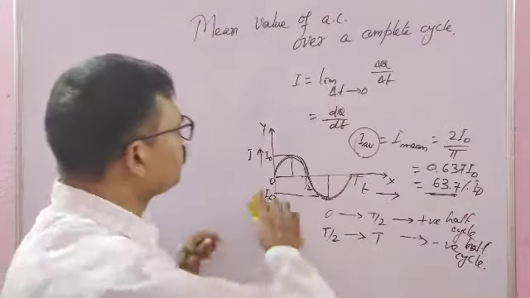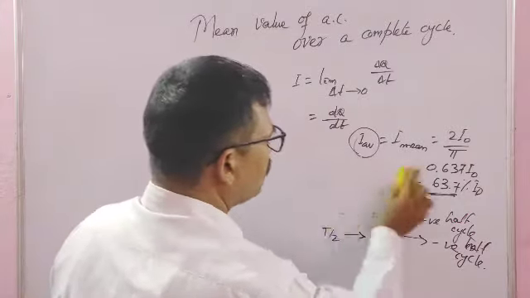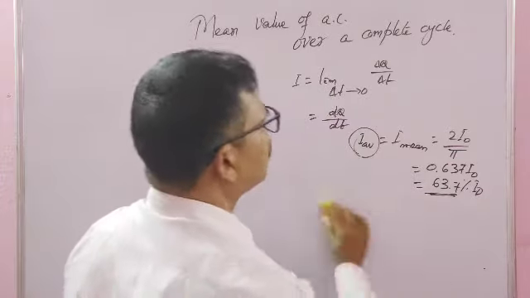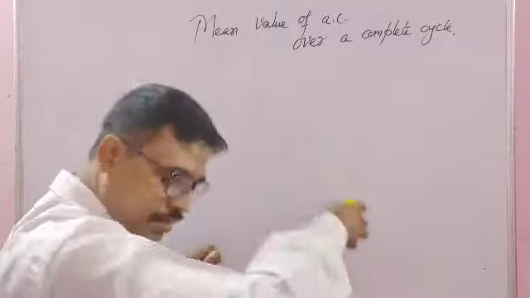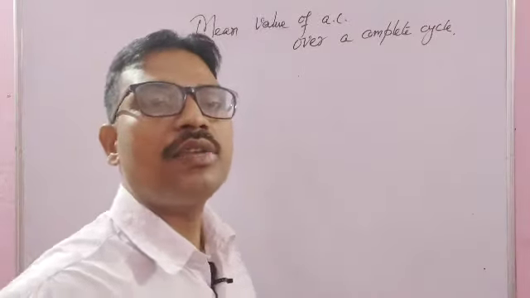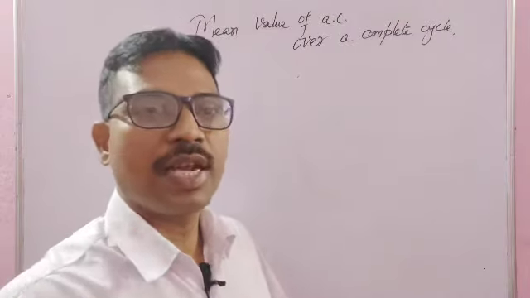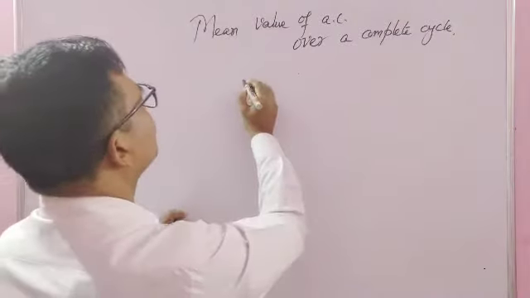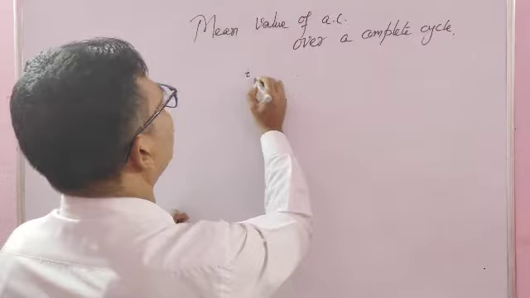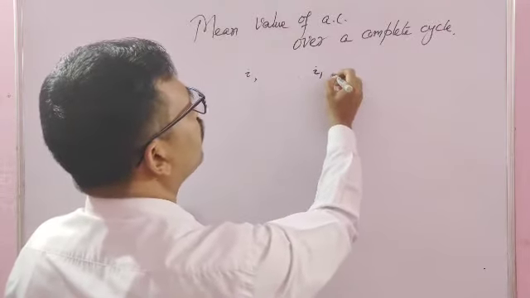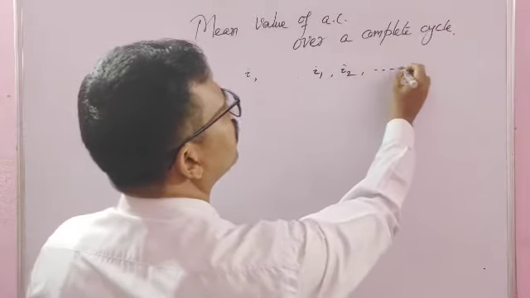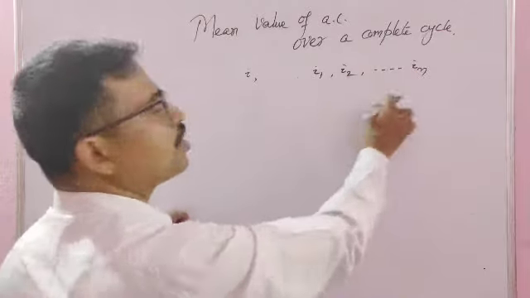Now for your better understanding, suppose electric current is a physical quantity and you are measuring it N times. You measure I1 the first time, you get I2, and in this way N times you are measuring.